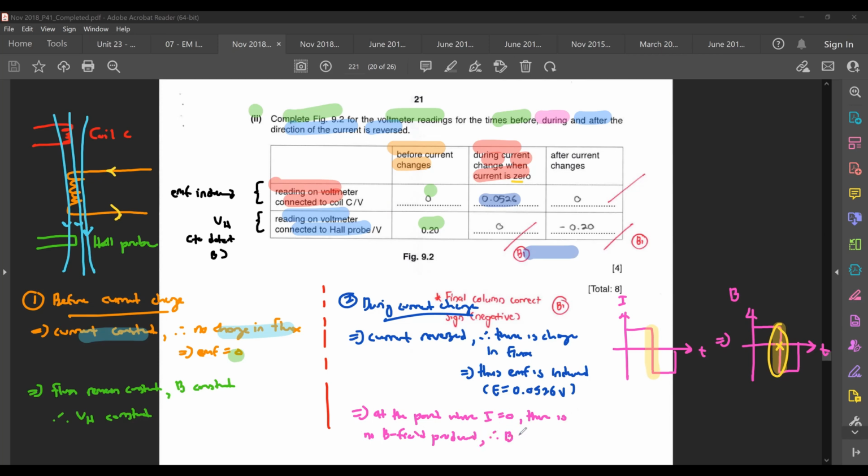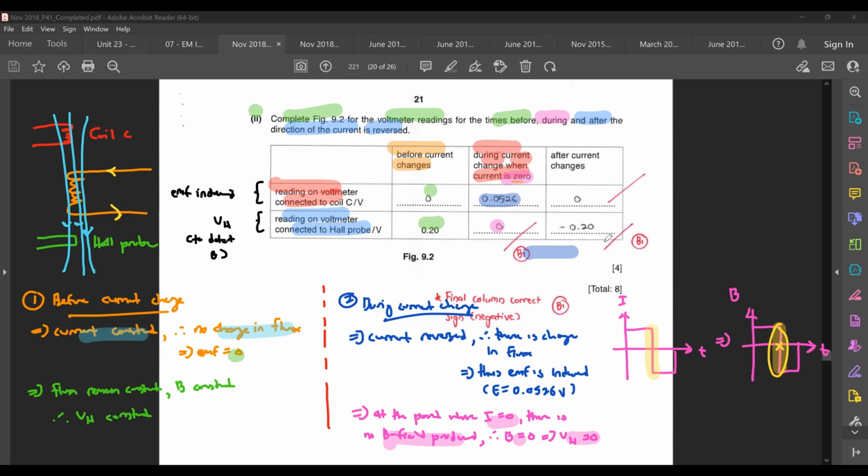Therefore, B is zero. Your Hall voltage is zero. So the value is here. There's a reason why they say current is zero here. It's mainly meant to tell you that if you just focus your attention at that one point in time where your current changes and passes through zero, there's no field produced. So flux density is zero, Hall voltage is zero.